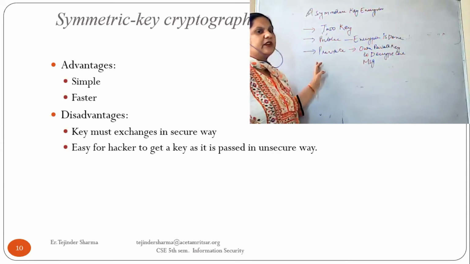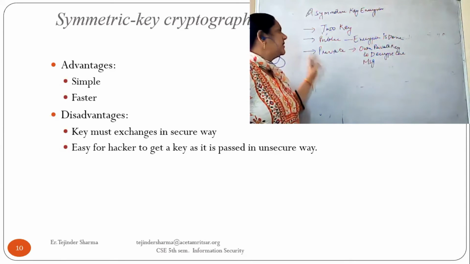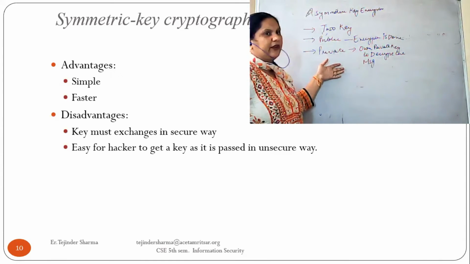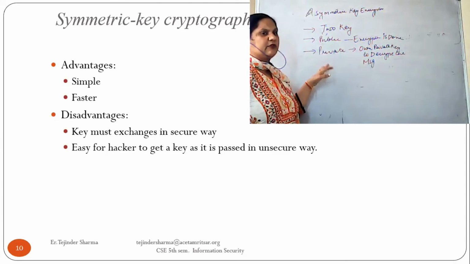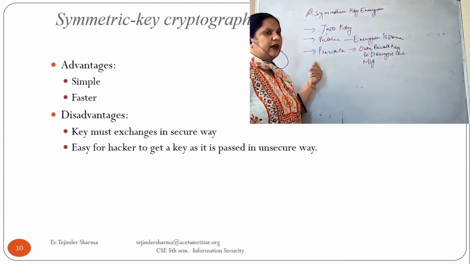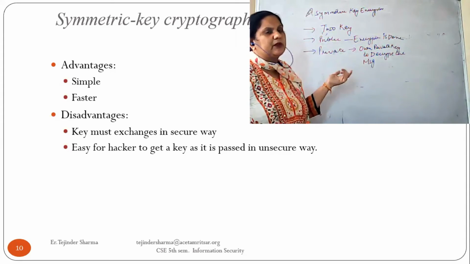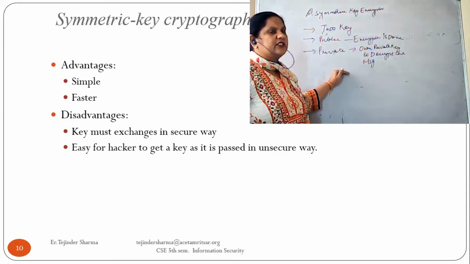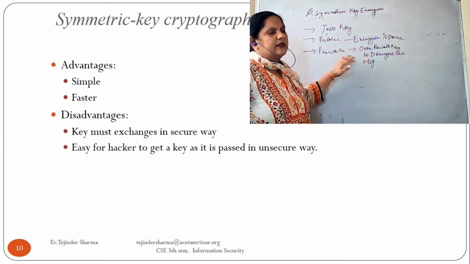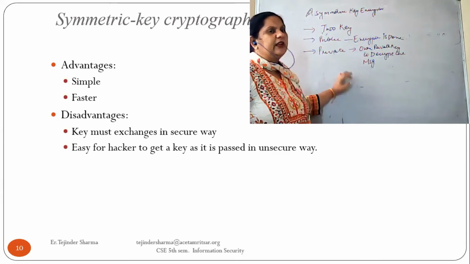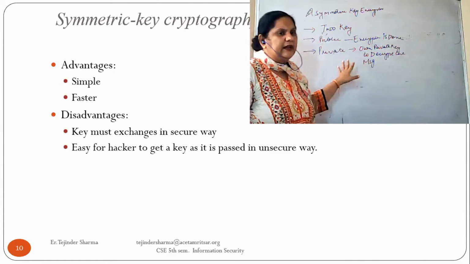That means asymmetric key exchange makes use of two keys. One is the public key, another is the private key. Now, if the public key is being passed over the internet, the hacker will try to guess only the private key, but he may not be able to because the private key is secret to the receiver. He will use his own private key to get access to the plain text.